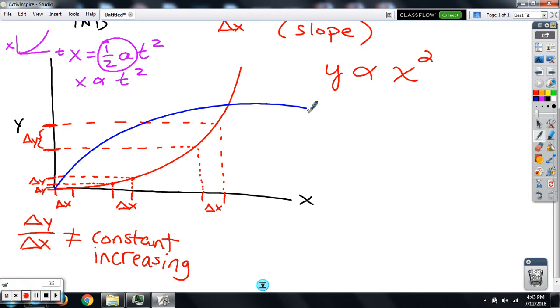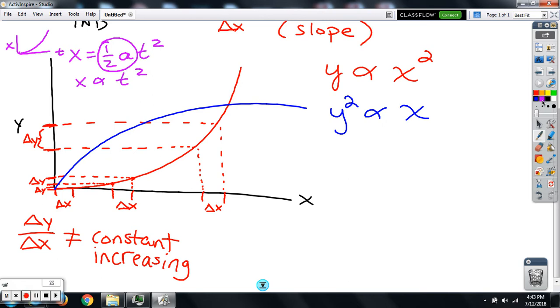If we were to cut delta y up into little increments, we would see that delta x would be getting bigger. And so we can also use symmetry to make the argument that this relationship must be that y squared is proportional to x.